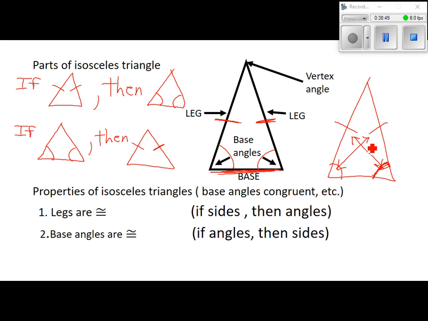Again, very important on this test, because they're going to give you a problem and it's going to look something like this maybe. And they're going to tell you that these two sides are congruent. Who's they? The people that made the test. And then they're going to put in something like this angle is 50 degrees, and they're going to say find angle C. What do we know about angle B if this angle is 50 degrees?